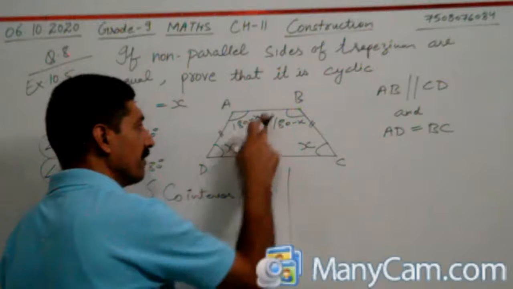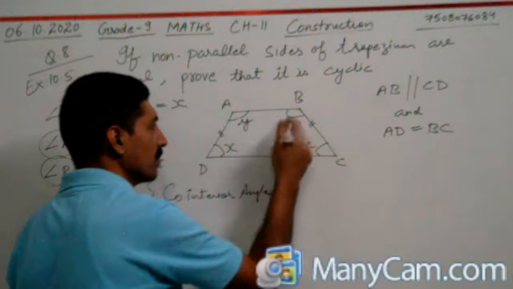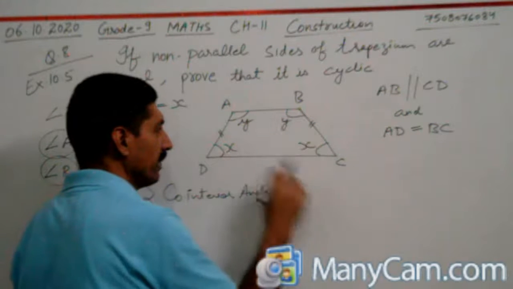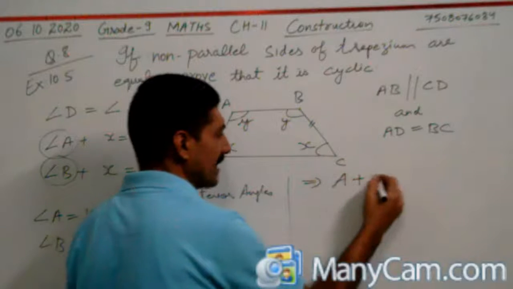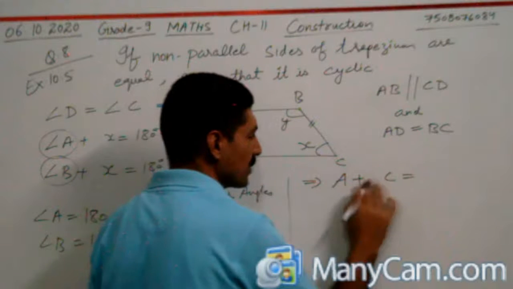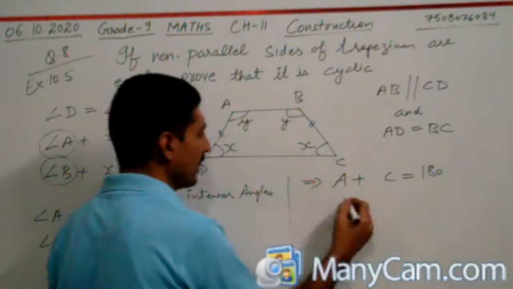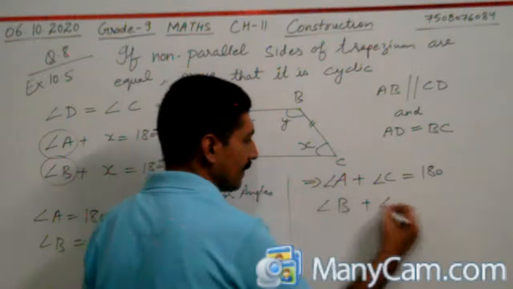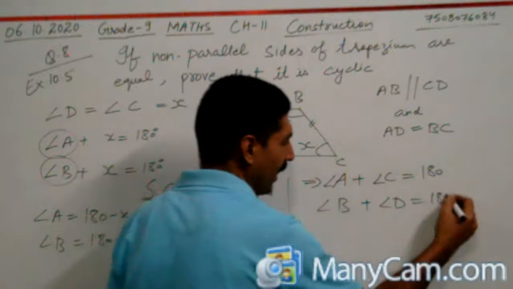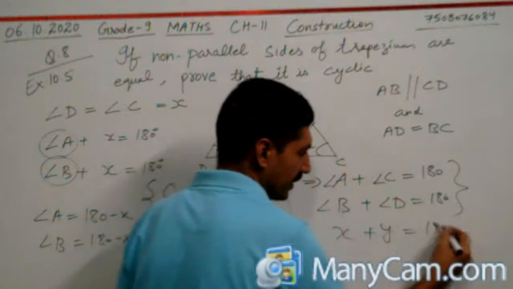This angle is y and this angle is y because both are equal. So this implies that angle A plus angle C is also 180, and angle D and B, angle A and angle D, that is also 180. Why? Because we have already proved x plus y is 180.